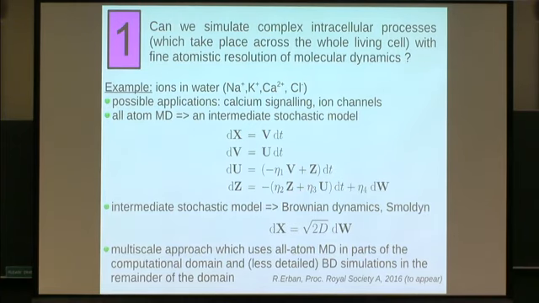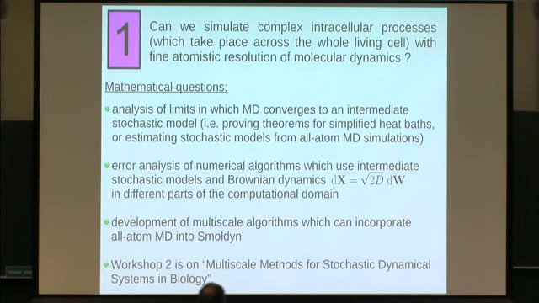So one can design multi-scale approaches which use all atom molecular dynamics in parts of the computational domain and less detailed Brownian dynamics simulations in the remainder of the domain, which could ultimately partially address these big questions in this area. Just to summarize, the mathematical questions are the analysis of limits in which molecular dynamics converges to some stochastic model. We can do it either by proving theorems for simplified heat baths or by estimating stochastic models from all atom molecular dynamics simulations.